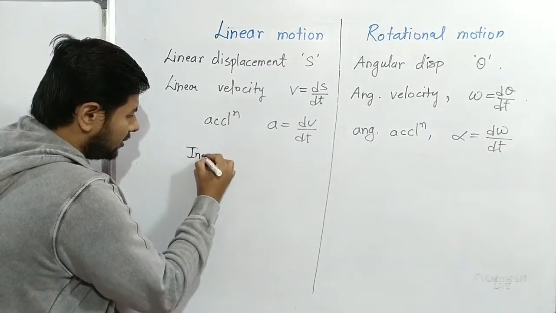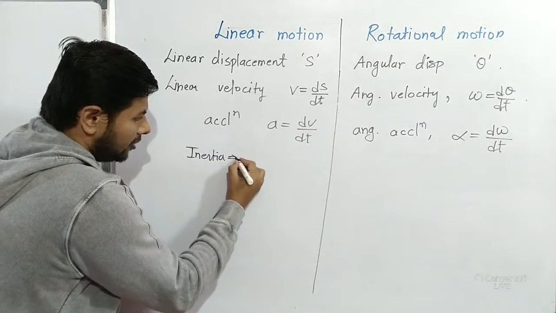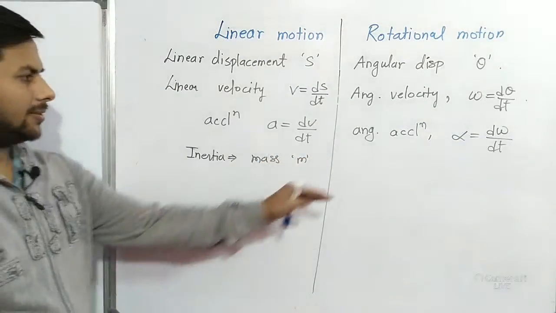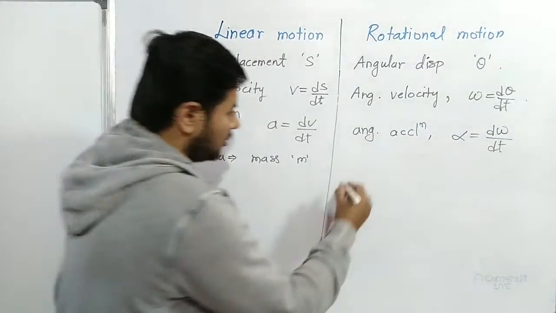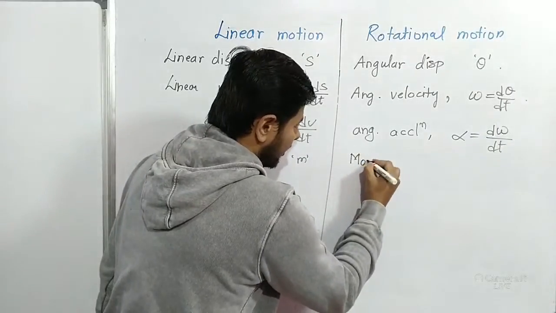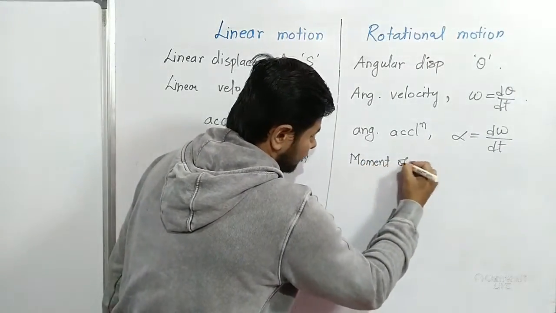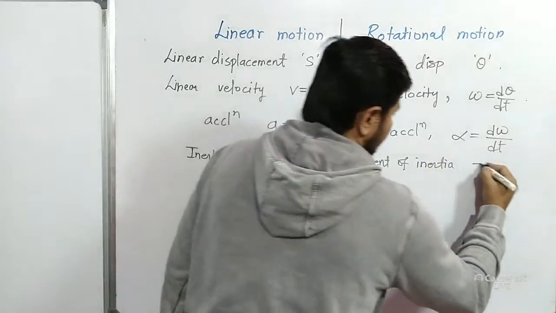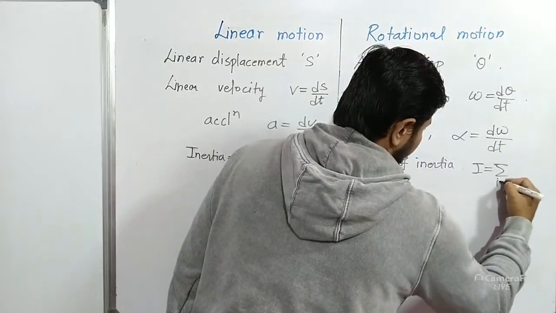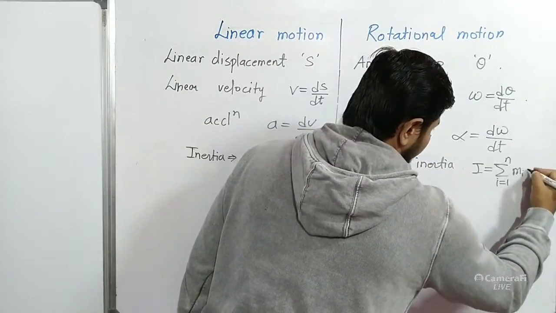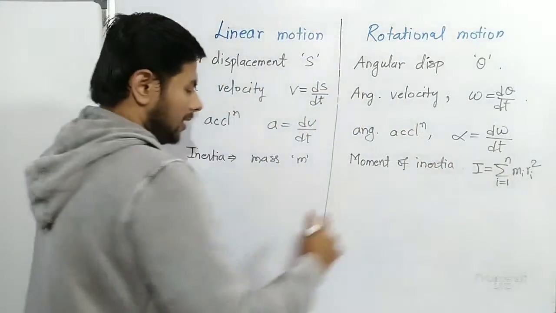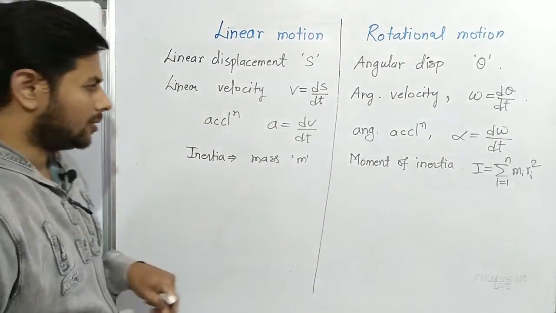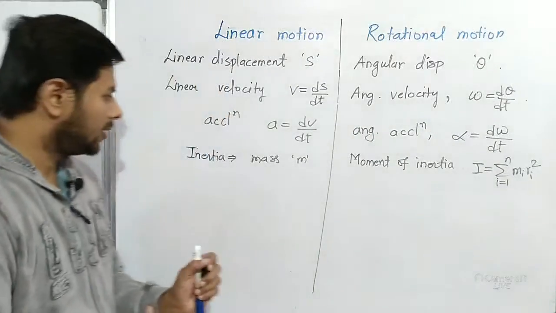So inertia is given by mass, and in rotational motion, moment of inertia I, which is the summation of i goes from 1 to n of m_i r_i squared, defines the inertia of rotational motion.